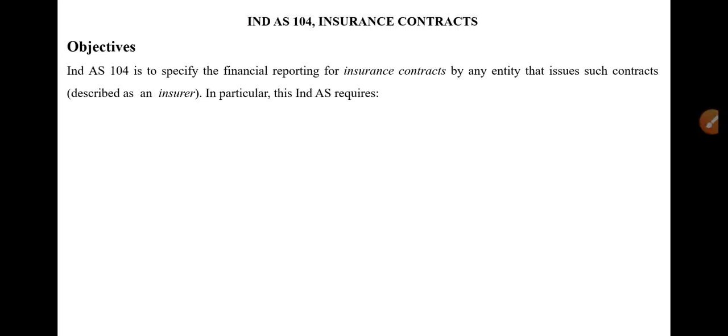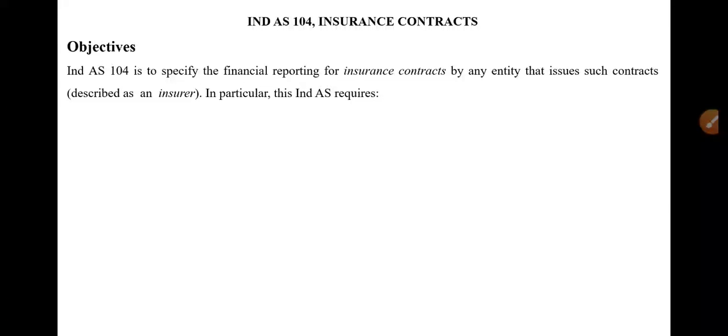So any insurance company dealing with insurance contracts has to specify the financial reporting by that entity. That company has to report its insurance contracts to the different stakeholders, that is, interested parties.